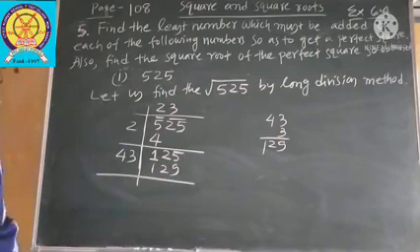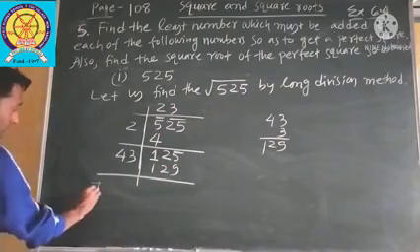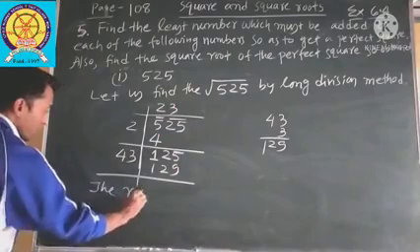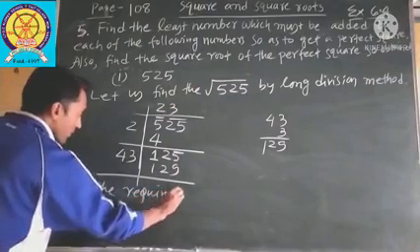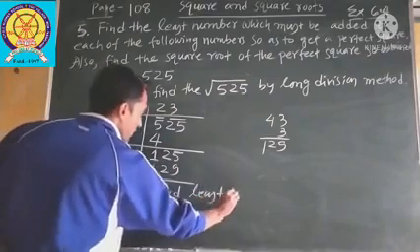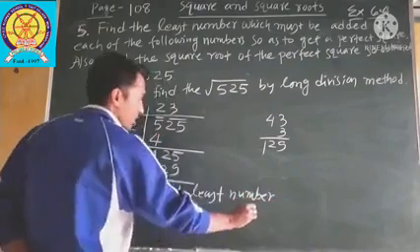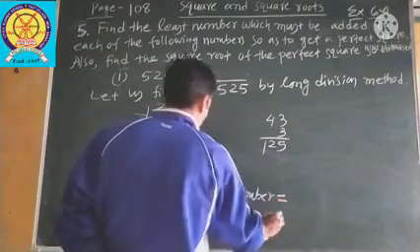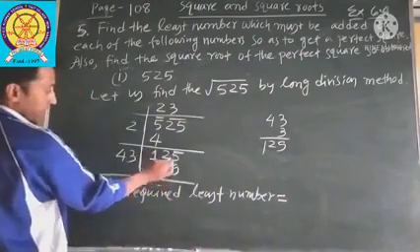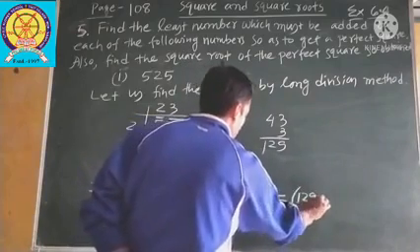Now you see the required least number is how much? You see, this one is greater than this one, so you have to subtract from 129.